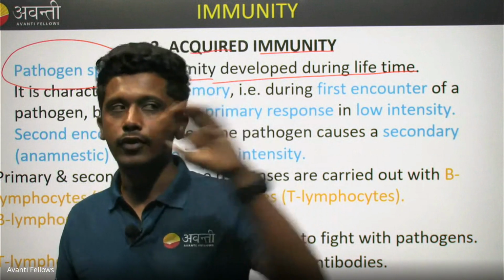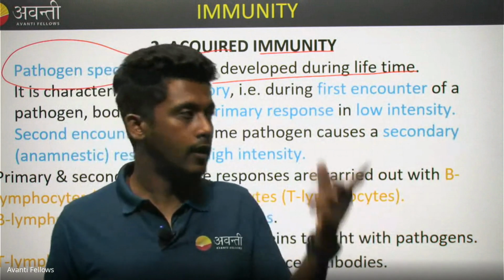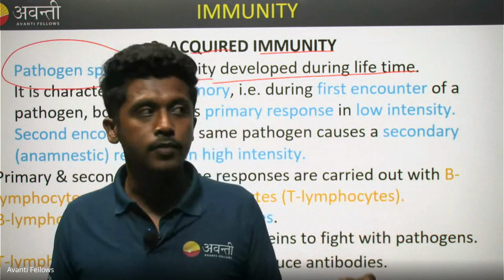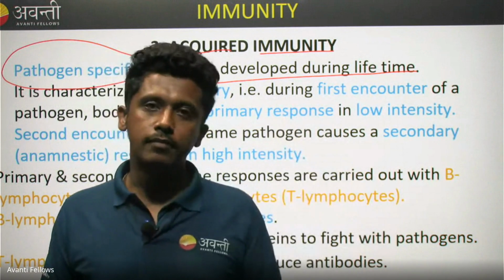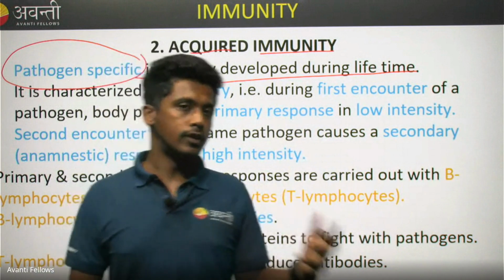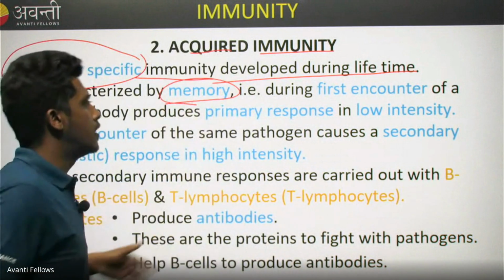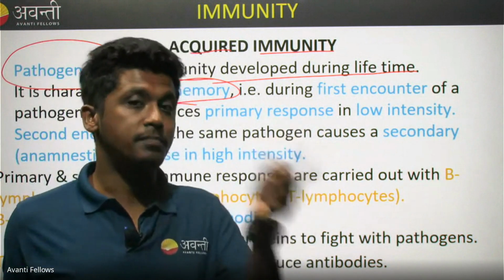For example, if somebody beats me and goes away, the next time, if I have to prevent them from attacking me, I must be able to recognize them. If I'm able to recognize them, that means I have a memory of it. That is called a memory based immune response. So they build a memory. When did I build a memory? When I first got beaten up.